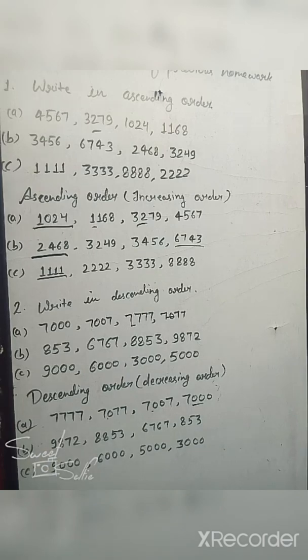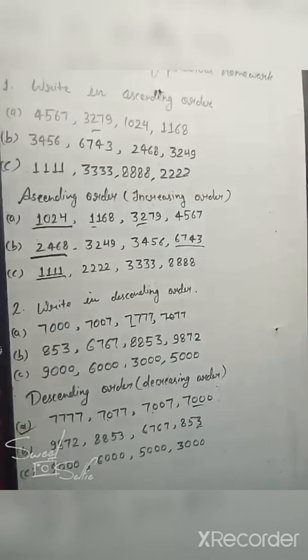Look at B. In B, 9872 is greatest number. Next greatest is 8853. Next 6767, and 853 is smallest number. So we will write it in last. So this is descending order.